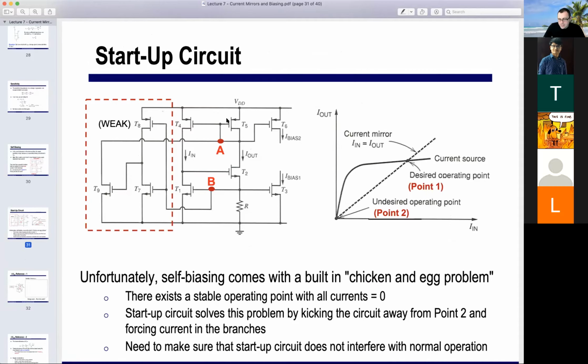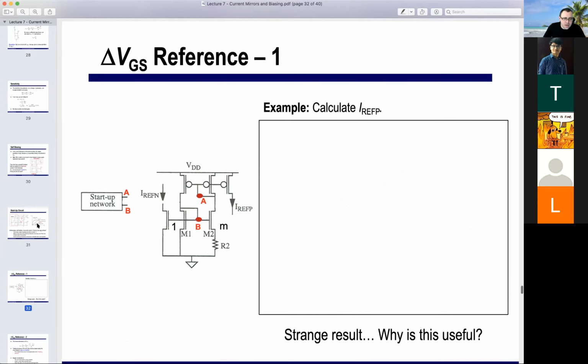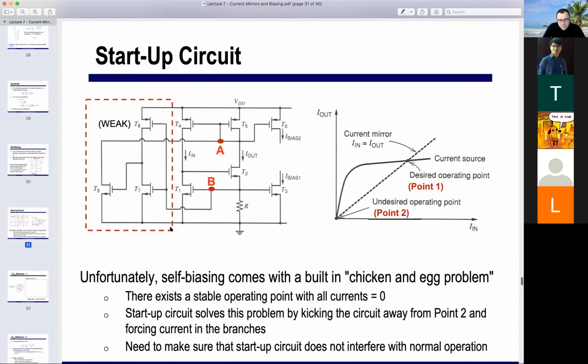The reason is that we want you to be able to simulate and see what happens to the circuit with and without the startup circuit present. Oftentimes students ask, which startup circuit should I use? There's lots of them. You're free to play around with it and look at it. This one is a relatively good starting point because it's very simple and straightforward in its operation. There are other ones that are a little bit different. You can try those if you like.